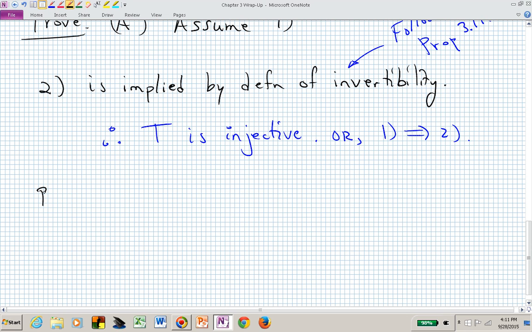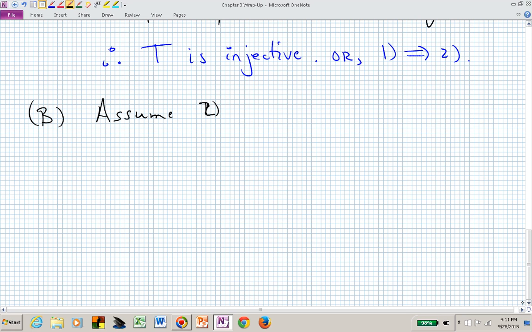In the second part, or part B, let's now assume 2. Let's assume that our map is injective. If the map is injective, what do we need? And now you might be thinking about what you need to do for the exam, and let's say that you're now faced with a proof.